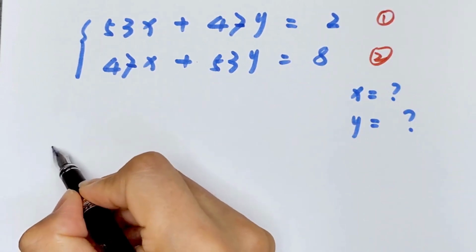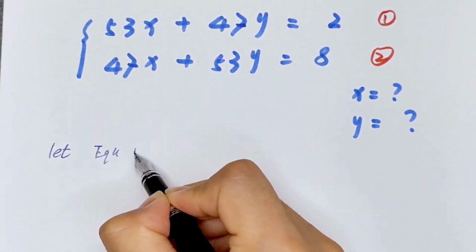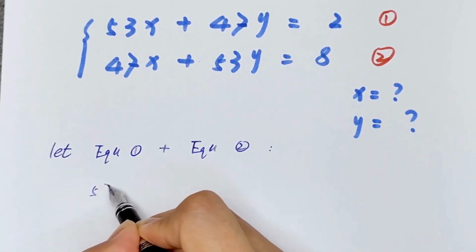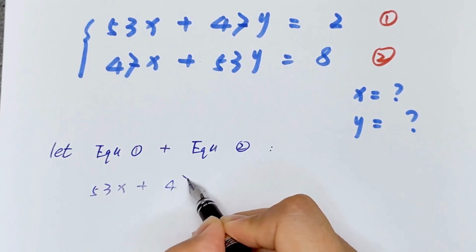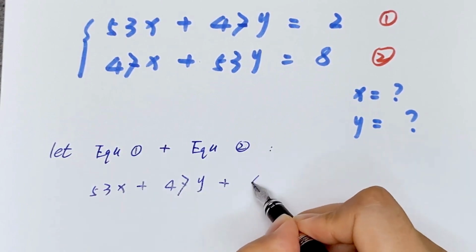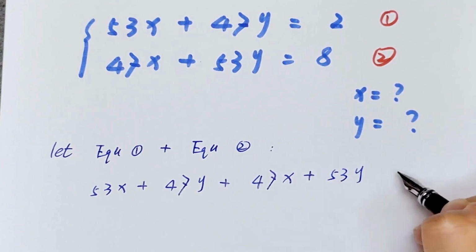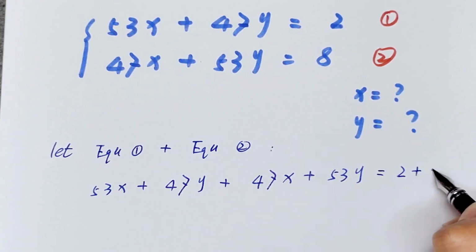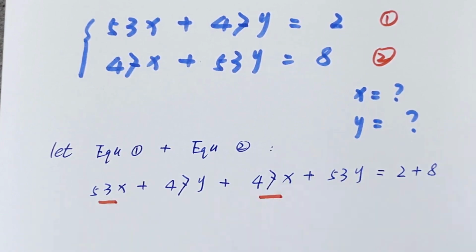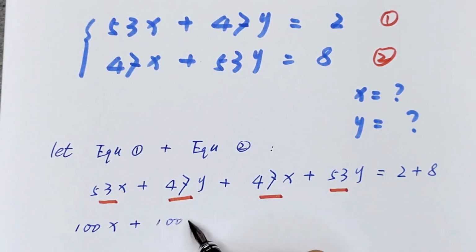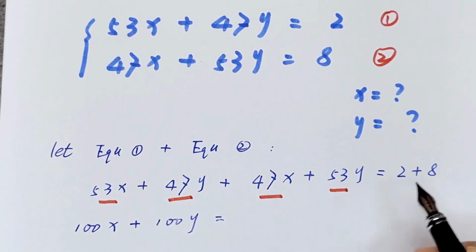Now, we let equation 1 plus equation 2. 53x plus 47y plus 47x plus 53y is equal to 2 plus 8. 53x plus 47x equals 100x plus 47y plus 53y equals 100y is equal to 2 plus 8 is 10.